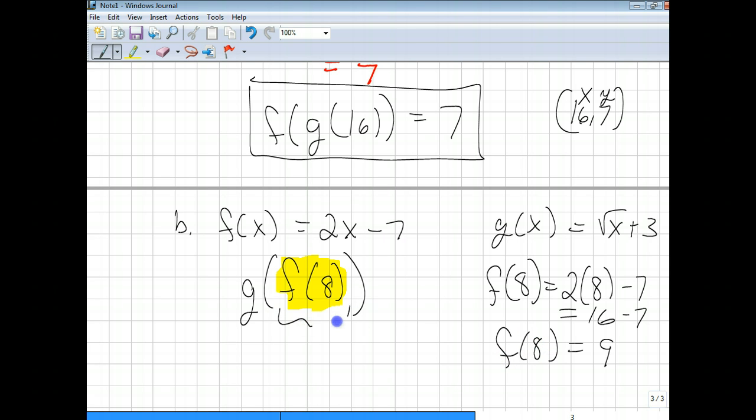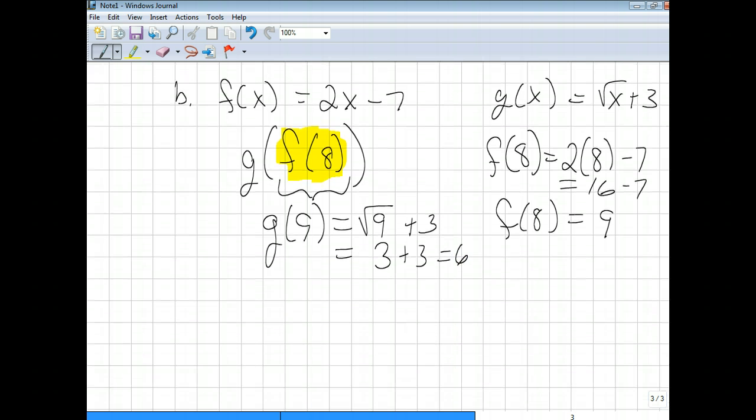So now I can replace this f of 8 with 9. So now I'm going to do g of 9. So in the g function, it's the square root of 9 plus 3. Square root of 9 is 3. So the composite function g of f of 8 is equal to 6.